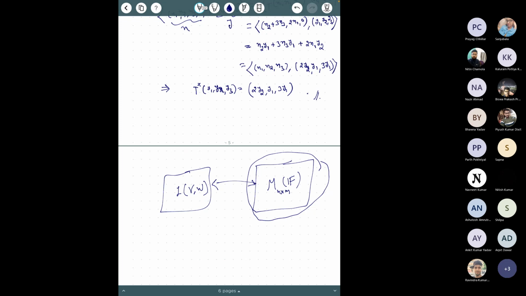So the second method, which is studying by using matrices, is more convenient. Why is it more convenient? Because, at least theoretically, it's easy to deal with matrices compared to linear transformations.